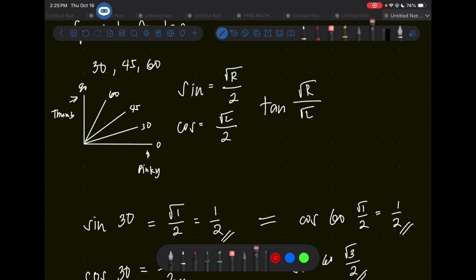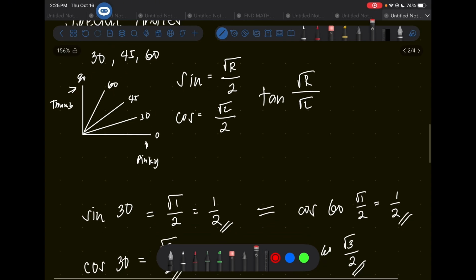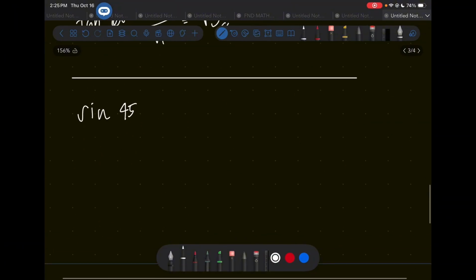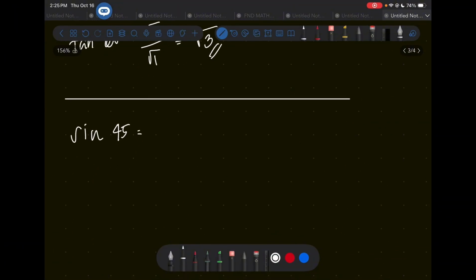That means your sine and cosine are going to be equivalent to each other. Let's try. For sine 45, you're going to have 2 fingers on your left and 2 to the right, then over 2. So that's it.